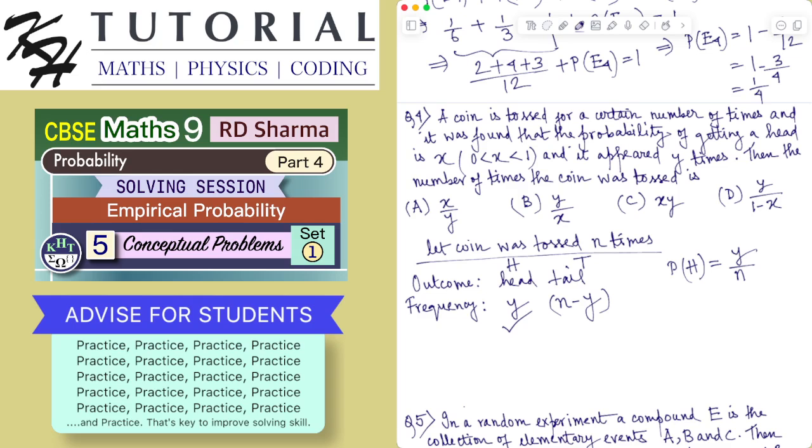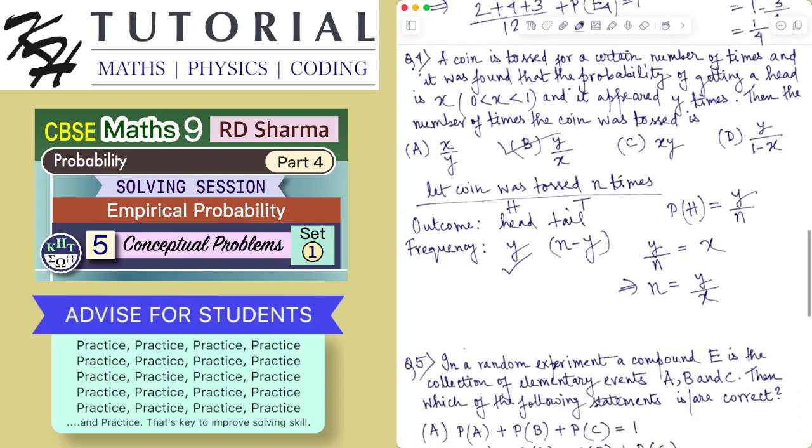It is given that the probability of head is X. So clearly we can say that n will be equal to Y by X. Even though this problem is very simple, you might be able to solve this orally, but I thought I would explain it properly. So the number of times the coin was tossed is Y by X. So the correct choice is B.